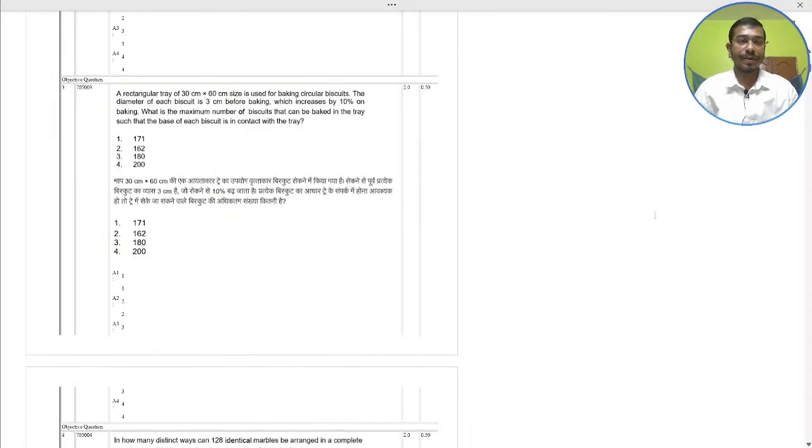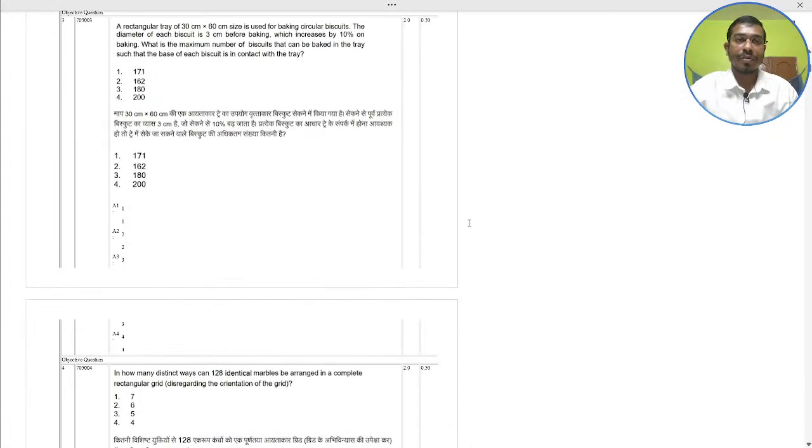Question ID is 7.705003. A rectangular tray of 30 cm by 60 cm size is used for baking circular biscuits. The diameter of each biscuit is 3 cm before baking, which increases by 10% on baking.